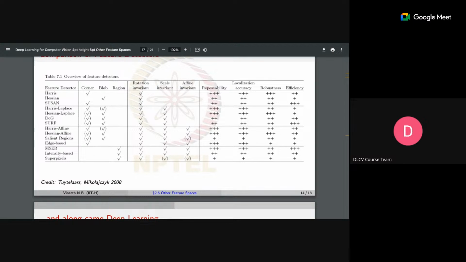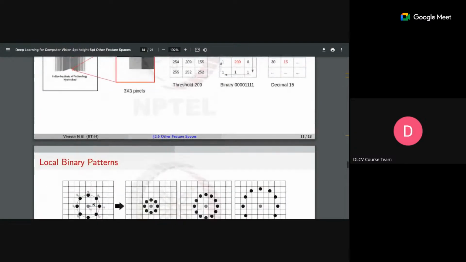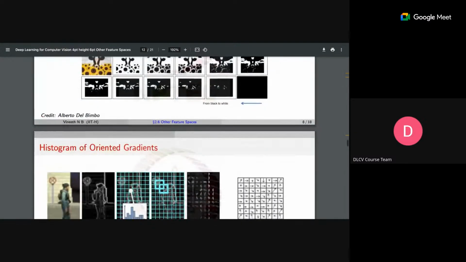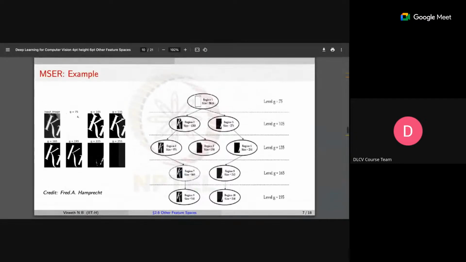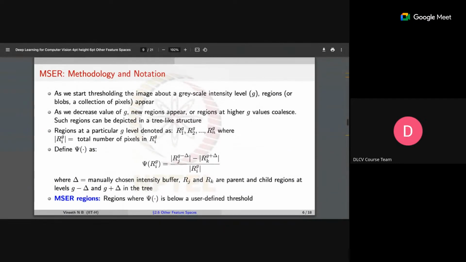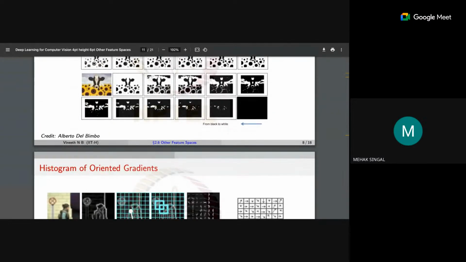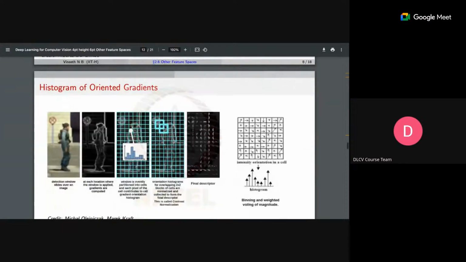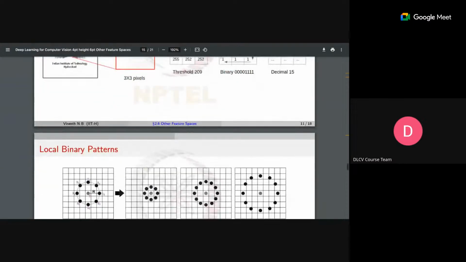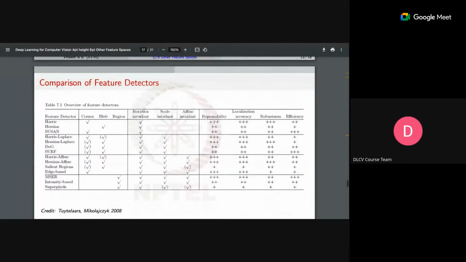This one, the third from the last row, MSER. And now why it is rotation invariant and all, we can discuss it in the next live session. Okay, sure, sir.